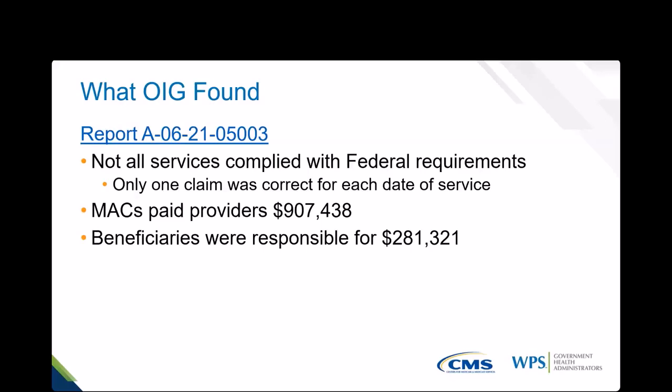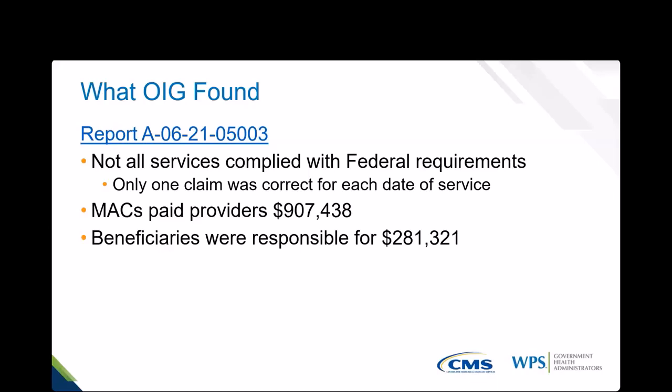After looking at the regulations for reassigning professional billing rights to CAHs, not all of the services that were audited followed Medicare guidelines. We established that the critical access hospitals and the healthcare practitioners each submitted an equal number of claims for the sample. That's what we looked at on the previous slide. However, for each date of service, only one of the claims was correct.